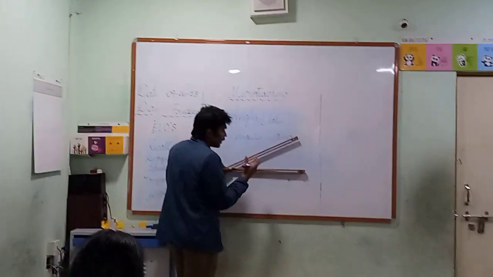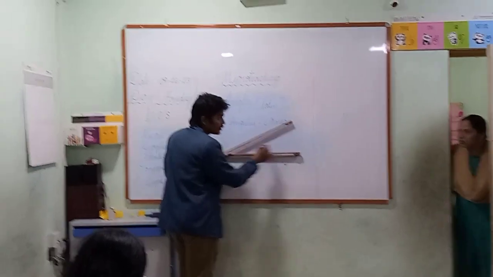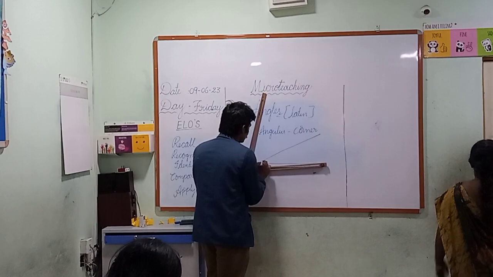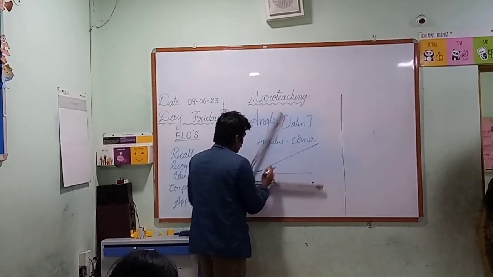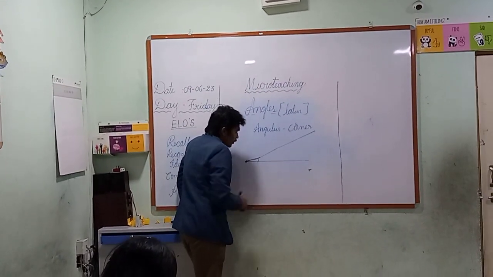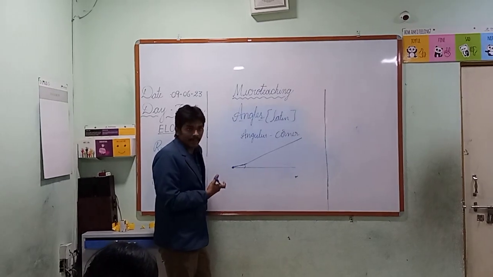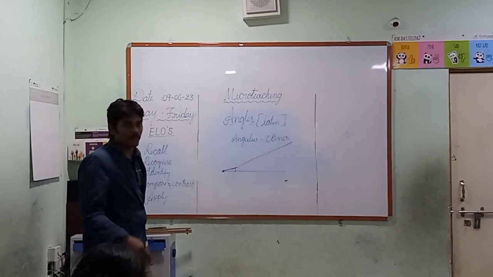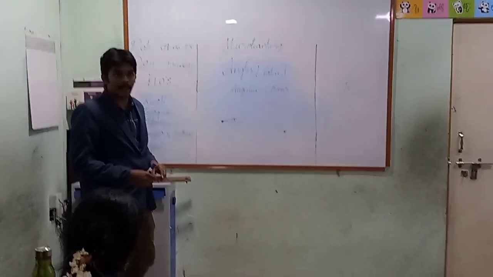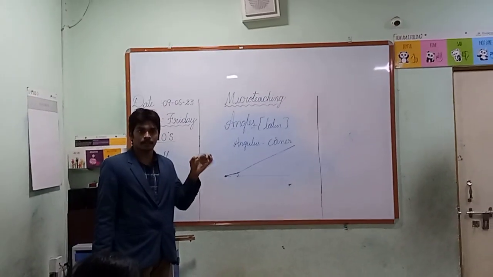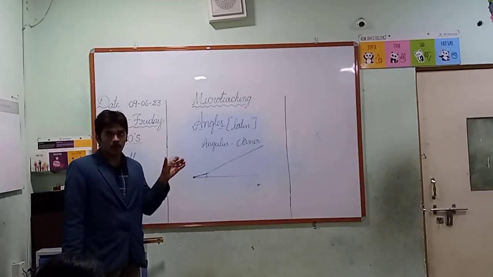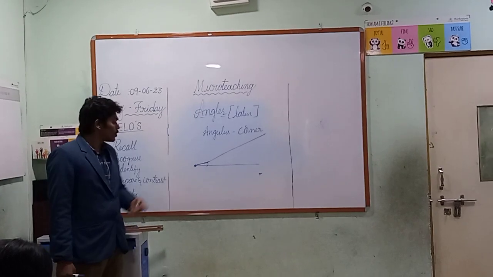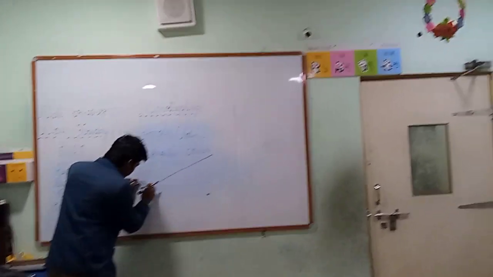The angle between this line and this line is different compared to the previous one. We have to measure the angle first. We know the instrument we use to measure an angle is the protractor. We learned how to measure an angle in our previous class, right?